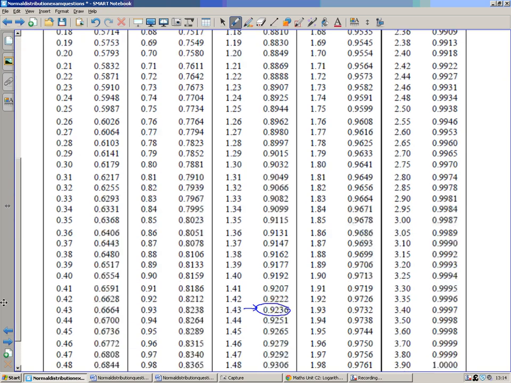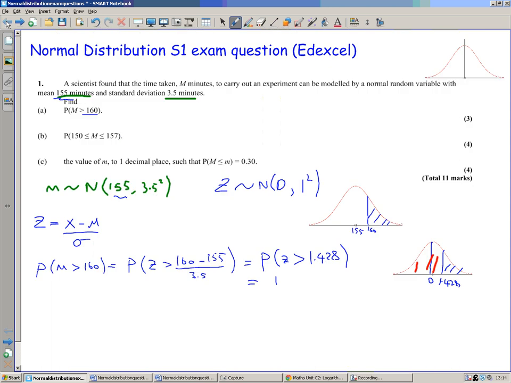So it's 1 minus 0.9236, and if you work that out, that equals 0.0764. So that's the first part of the question.